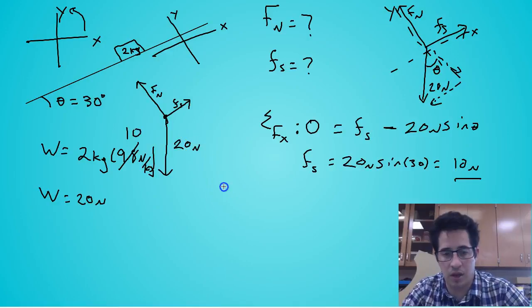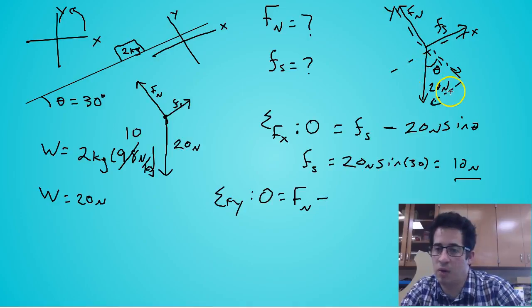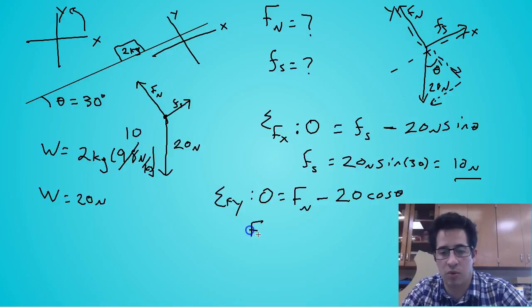Then for the y direction, to find normal force, those are balanced. We have the upward normal force in the positive y, and then pulling back down we have this component of gravity, that's going to give us 20 cos theta, because it's the adjacent side, and so then the normal force equals 20 cosine of theta.